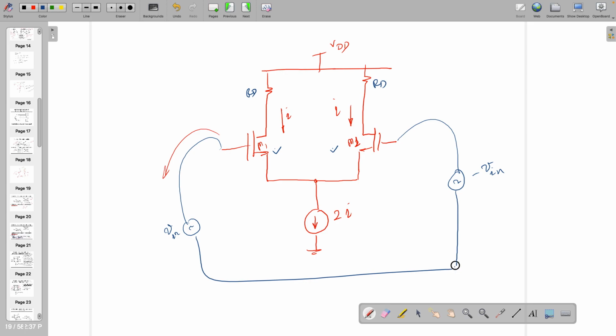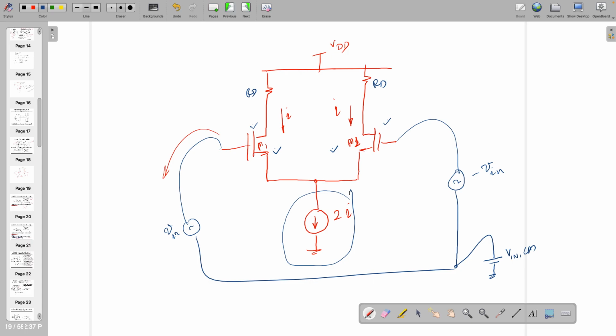Let's call this V in CM. Some voltage which is going to keep these two transistors just in saturation. However, this gate potential is not governing the current. You see, the current is governed by this one, because it has to respect KCL, right?